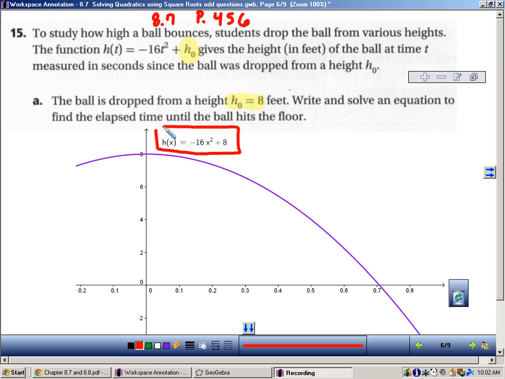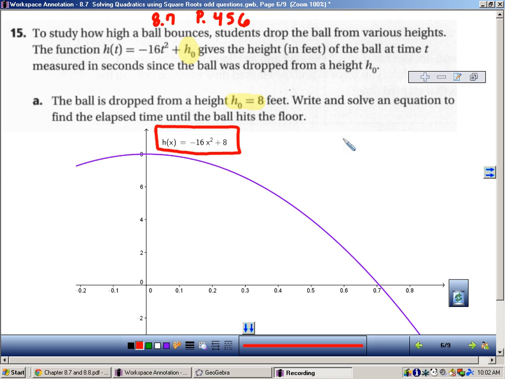And then instead of using t for time, I had to use x, since I have a GeoGebra file here. It only takes x as a variable for your graphing, x and y. So I plug that in. Now my function is h of x equals negative 16x squared plus 8. I wanted to see what that looked like and see if it helped me solve the question.